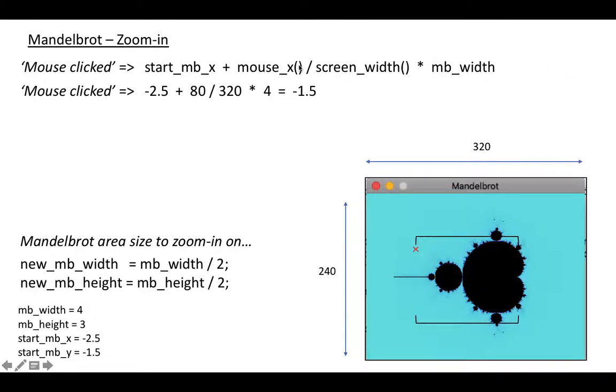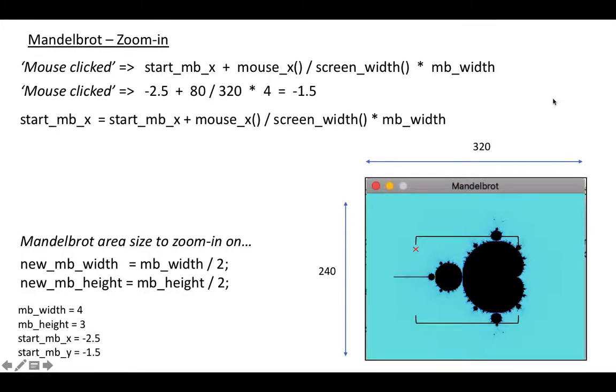And if we plug some figures in here, if we did 80 pixels in by 80 pixels, so this is just the width, we're going to come up with about minus 1.5. And if we look at that, you've got 0 here, well that's minus 2.5 here. That looks about right.